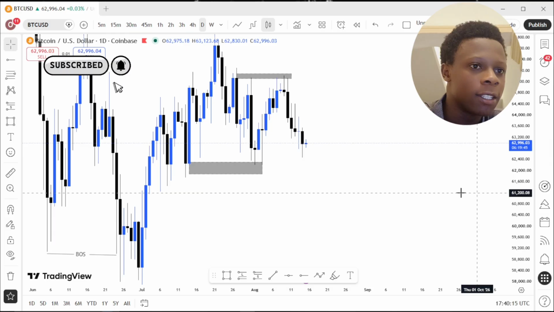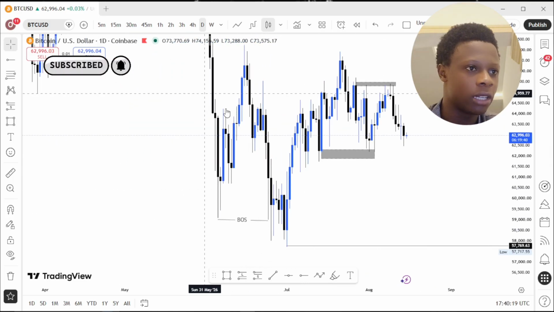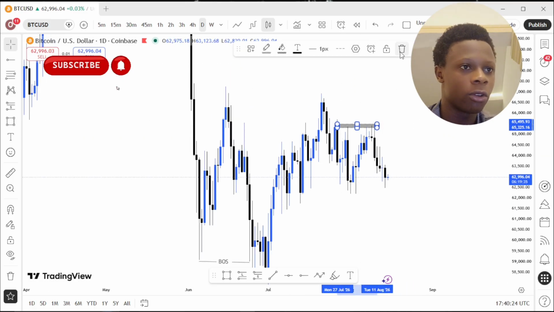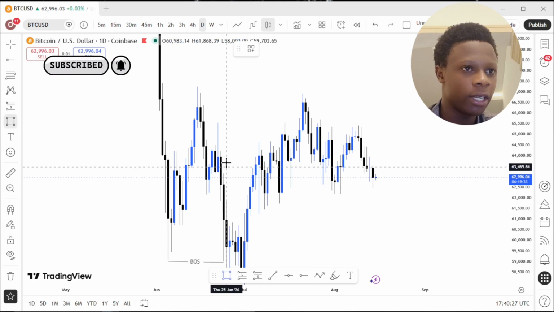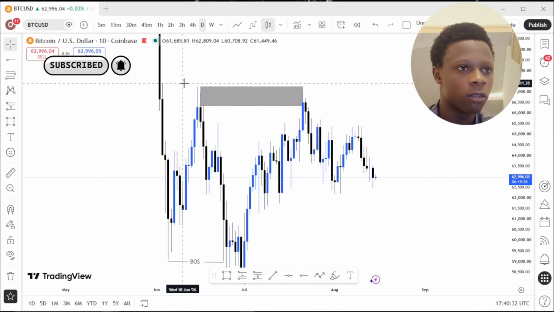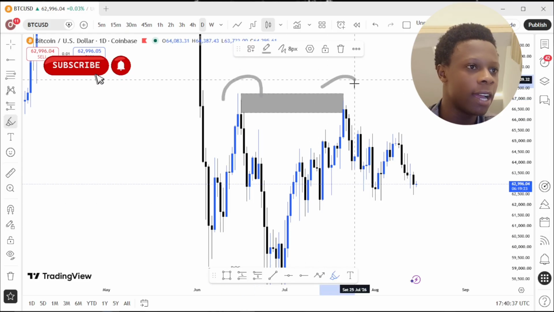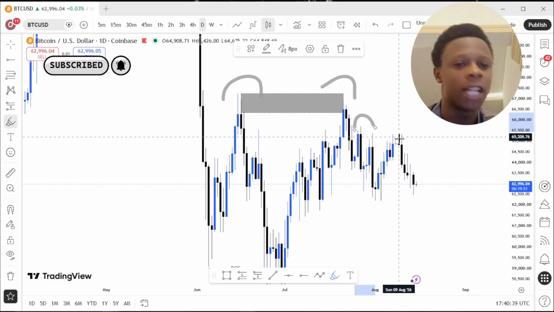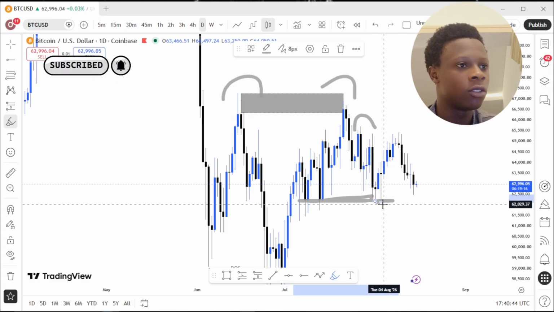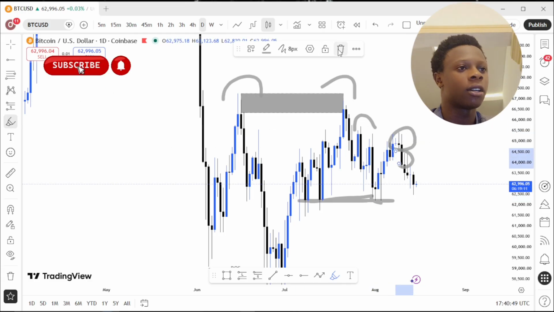Since the market is still on the downside, breaking short to the downside from a higher time frame to the daily time frame, we are not looking for a buy on this trade, and it didn't break this high. It didn't break this high, and it didn't break this high. So we are expecting the market to take out this entire low, and we'll be looking for our entry right here. So let's check it out.